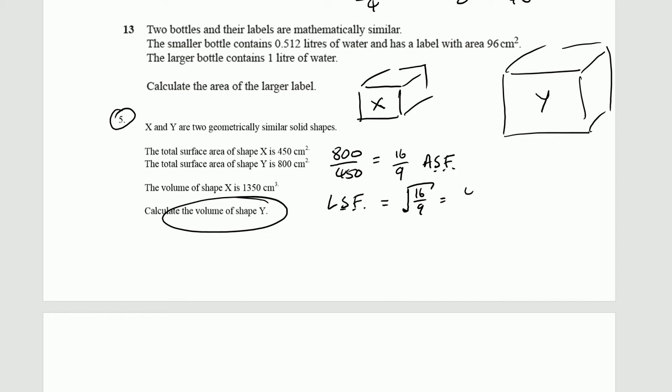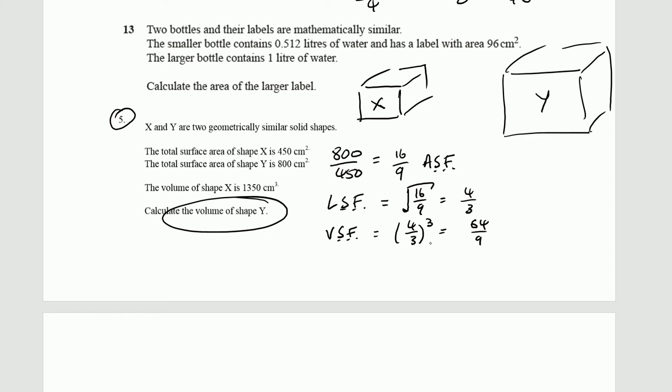This comes out as 4/3. Now to get my volume scale factor, I have to cube my length scale factor. That's getting me 64 over 9. I would multiply volumes on X by 64 over 9 to get volumes on Y.